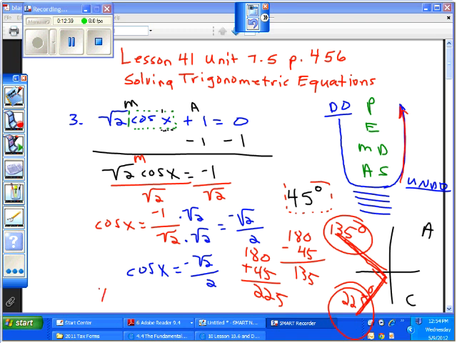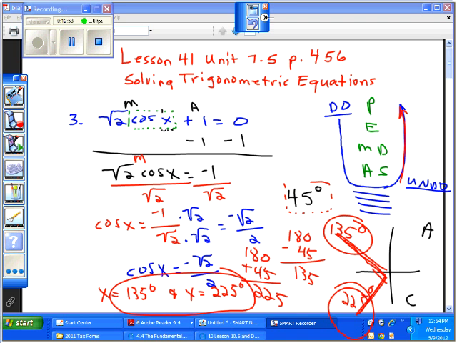If you can see those. And so x is equal to 135 degrees, and x is equal to 225 degrees. It wanted us to find the values of x that would make that true between 0 and 360 degrees.